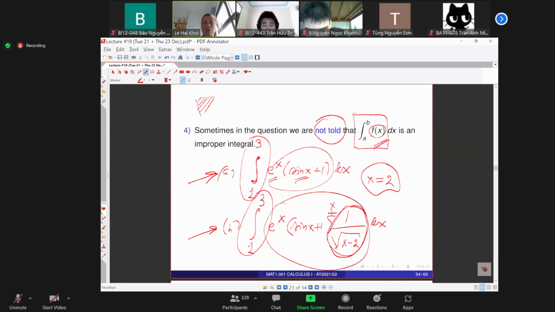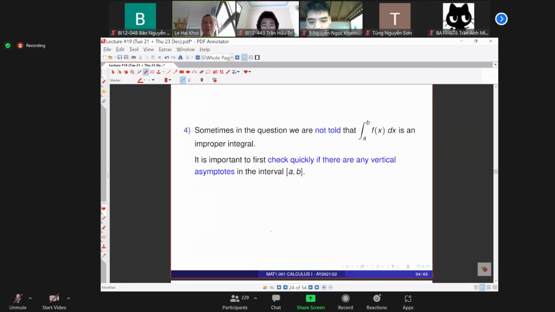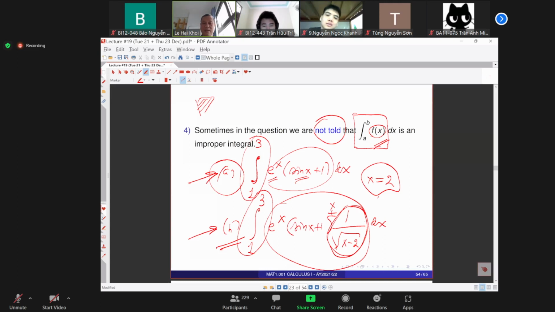If you try to solve it using the method of definite integrals for question B, you are wrong, and you cannot get the mark, right? So it is important to check quickly if there are any vertical asymptotes of f in the interval [a, b].